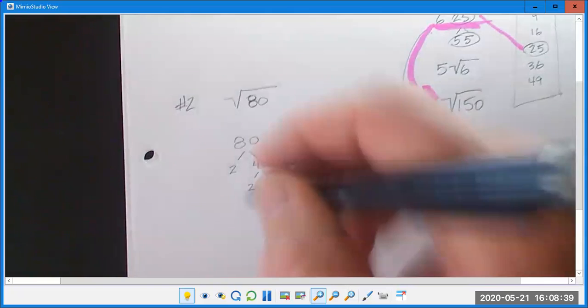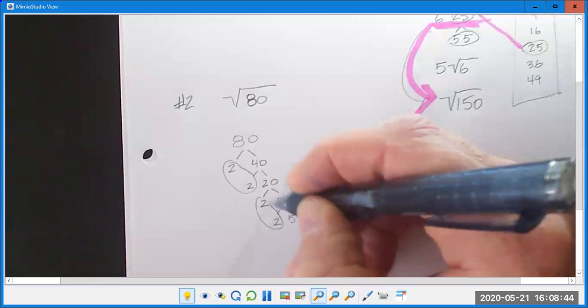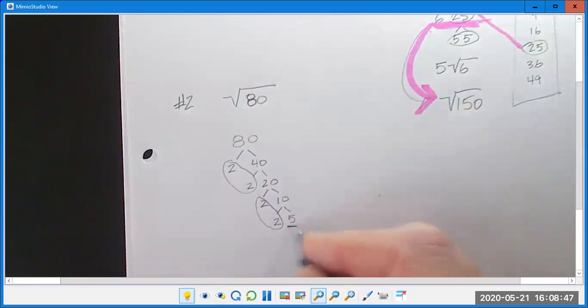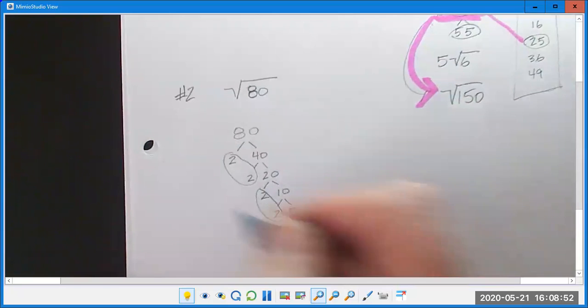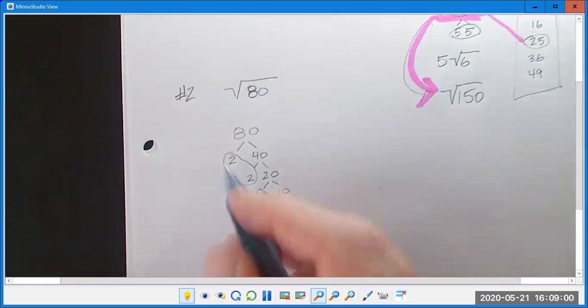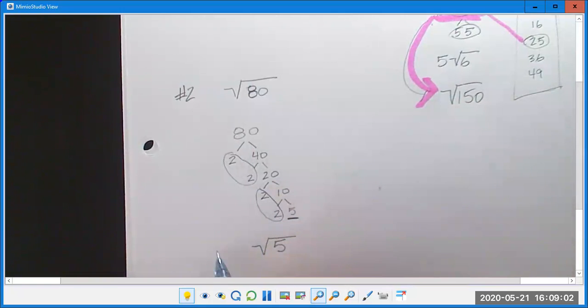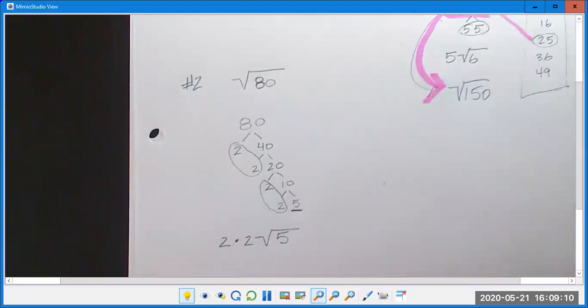So I have my pairs. Here's a pair of 2s. Here's a pair of 2s. And I'm left with a 5. So my 2s come out, my 5 stays underneath the radical. My 2s come out. So this set of 2s gives me a 2, and this set of 2s gives me another 2. And I'm always going to multiply those together. So my final answer for this one, 2 times 2 is 4, radical 5.